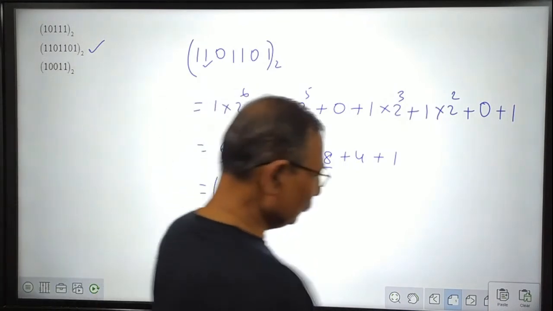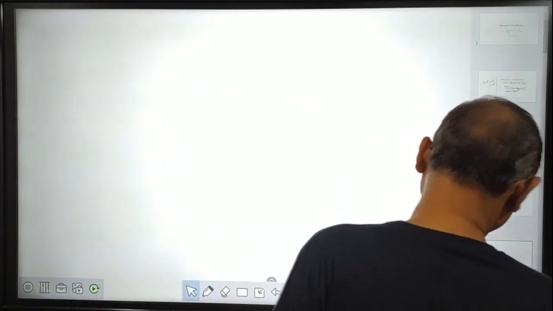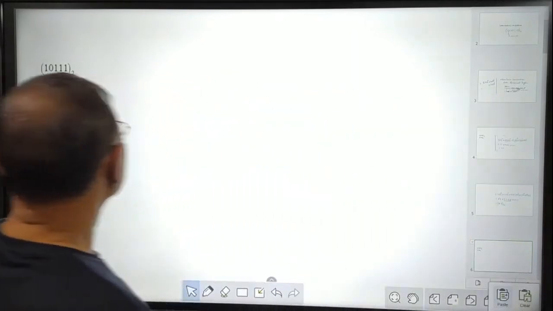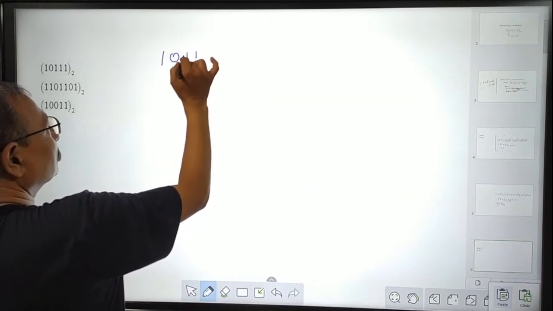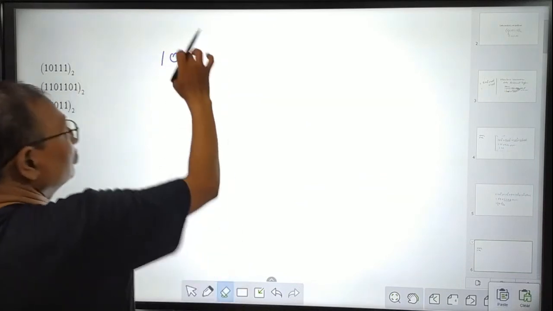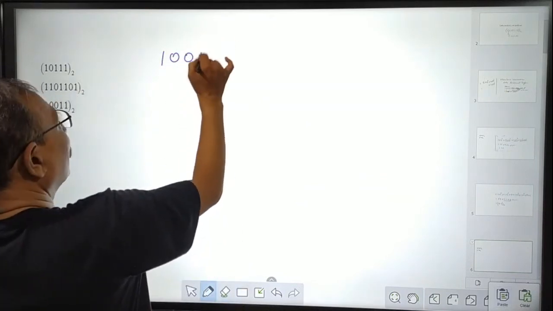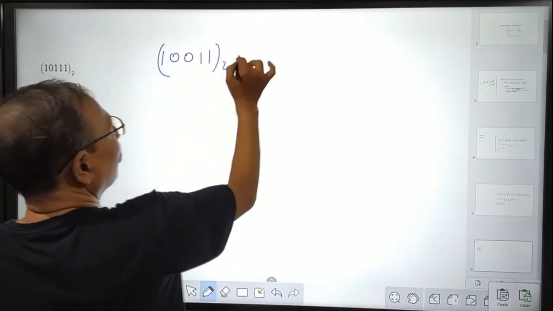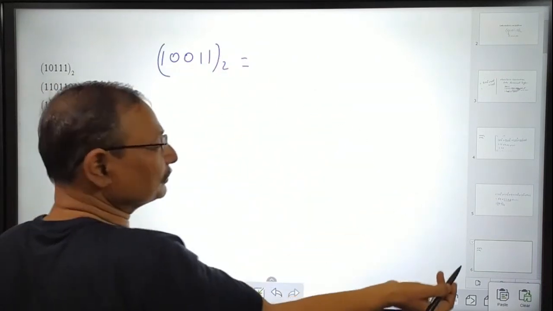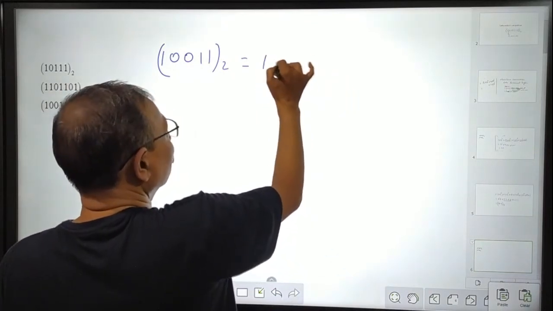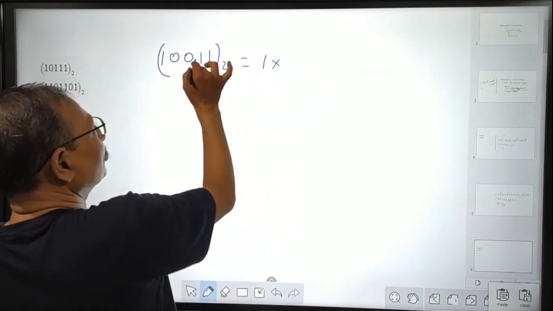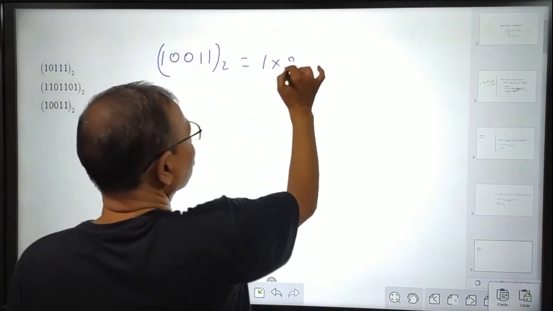Again for the third one, we can do the same activity. So write here 0, 1, 1, 2, and so easily you can convert this one into the decimal system in this way. 1 will be multiplied by 2 to the power 4.